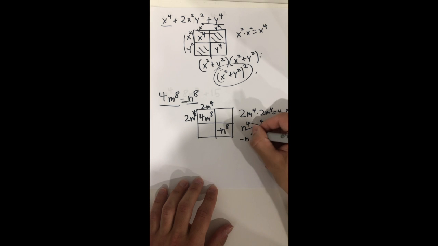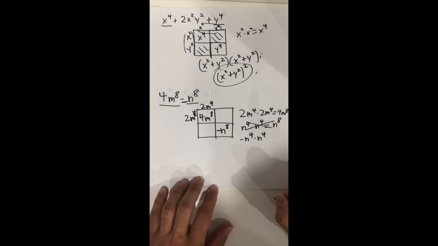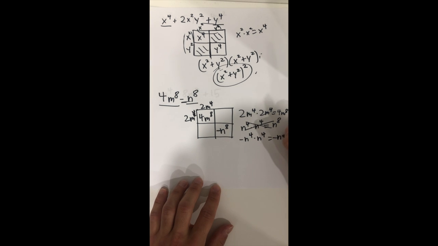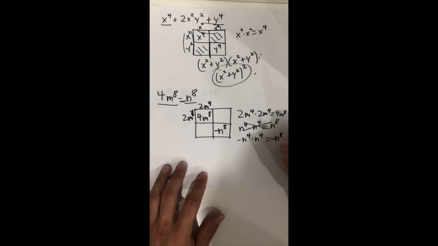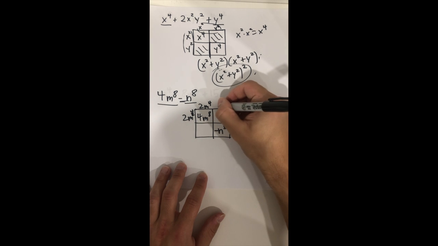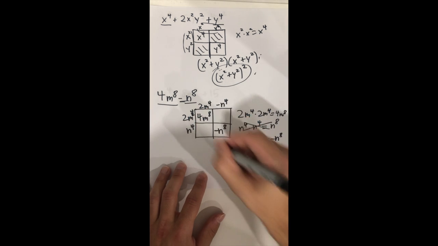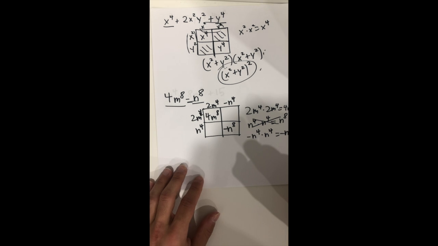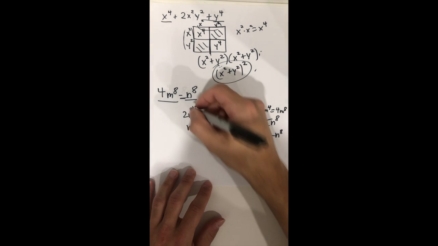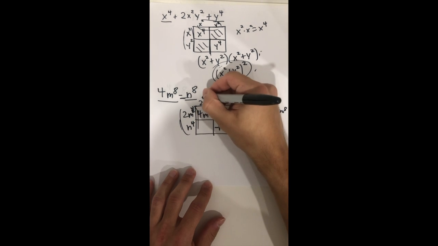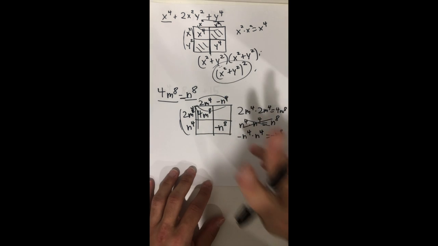So what I can do is negative n to the 4th times positive n to the 4th gives me negative n to the 8th. So on the side lengths, over here I'm going to put minus n to the 4th, and here I'll put the positive n to the 4th.